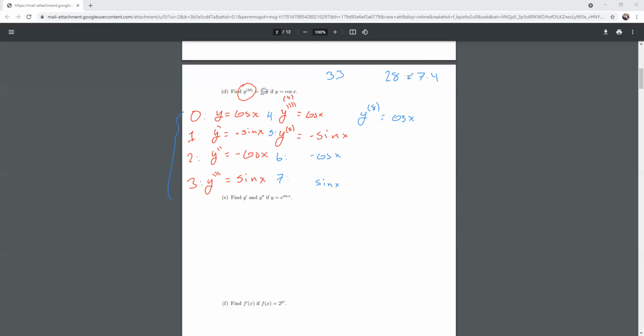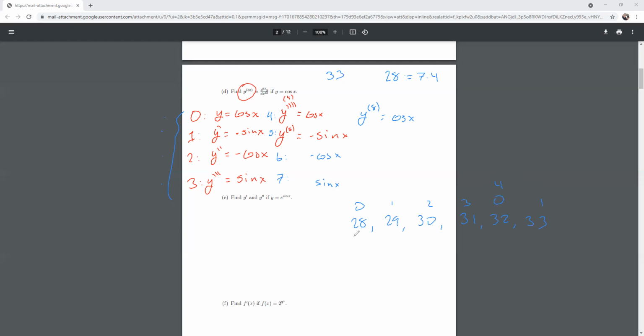Okay, so let's count up to 33. We have 28, 29, 30, 31, 32, 33. So this is 0, 1, 2, 3, and then 0 again, because we are counting across these.